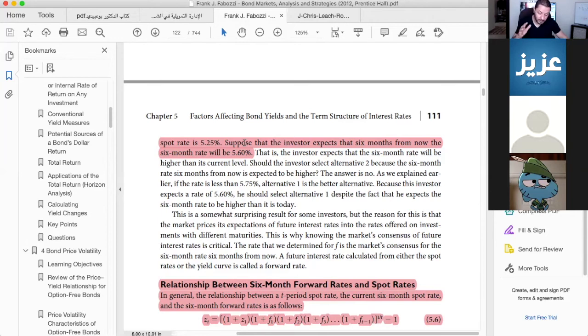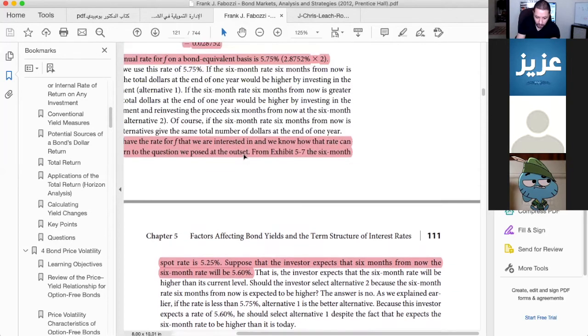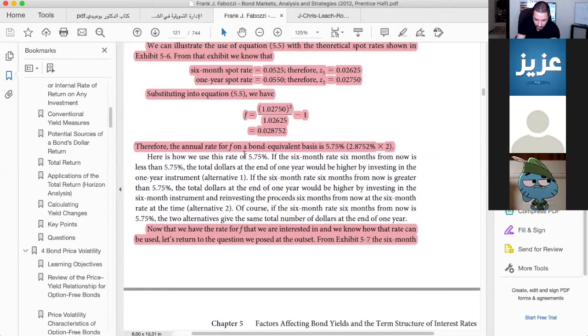Actually, I think the average for the two periods is higher, because 5.25 plus 5.60% divided by 2, while for the 1 year it is equal to how much? 5.5%, right? Yes. So let's check it.